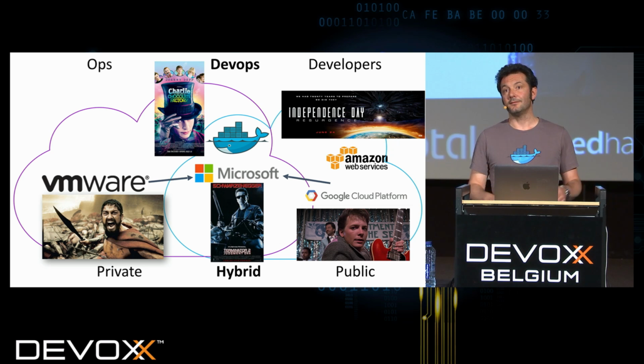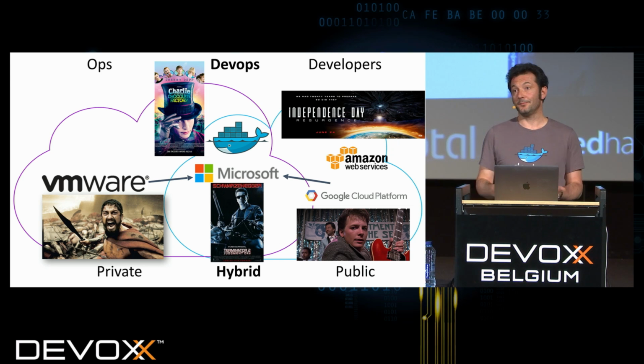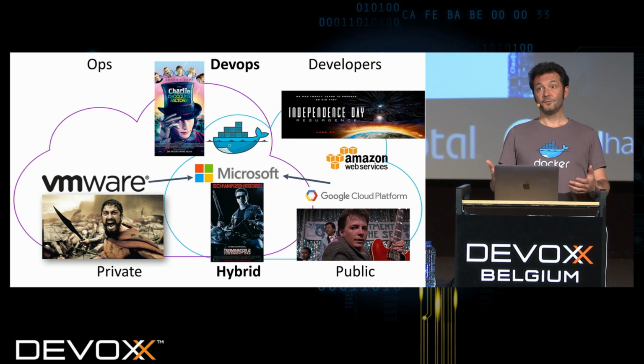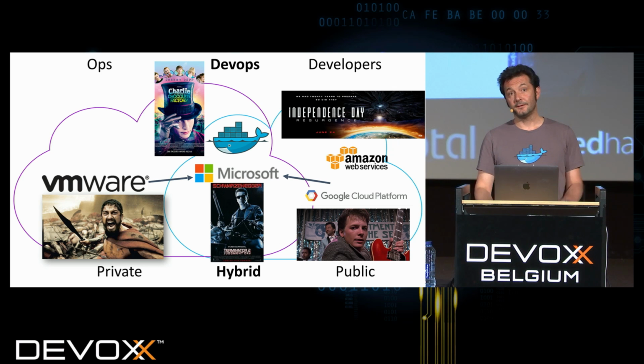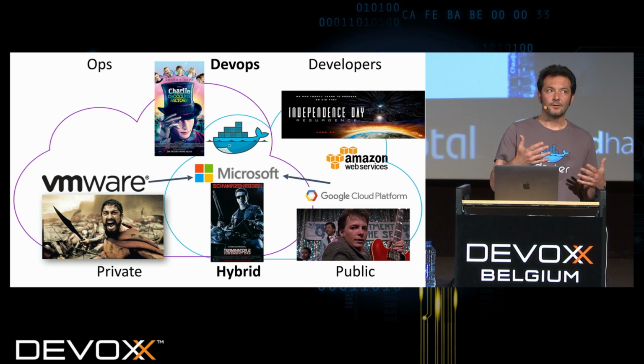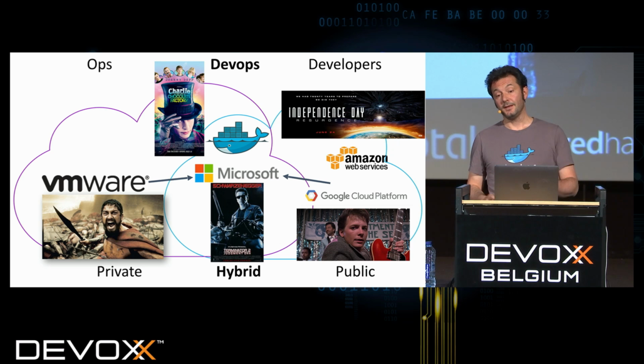People just laughed at me. They told me, just come back when you have something we can use, because we want to do private, we want to do hybrid, and we certainly don't want all our data to be in Google data centers. So App Engine had a really hard time catching up, especially in the enterprise.